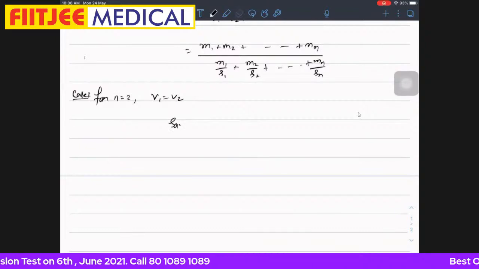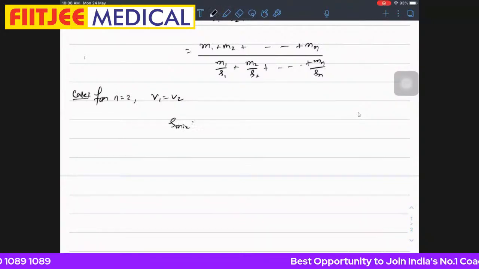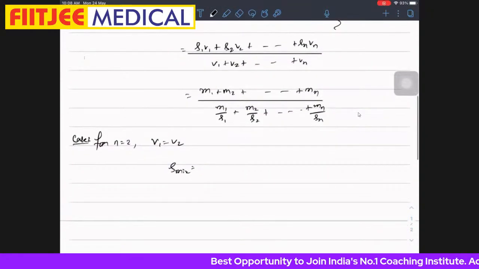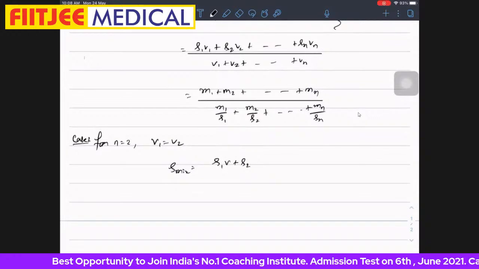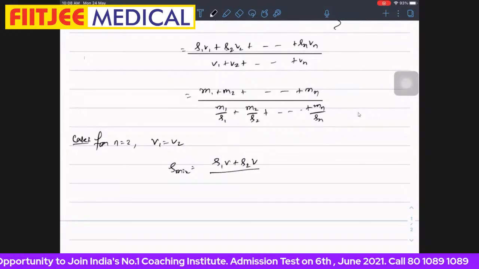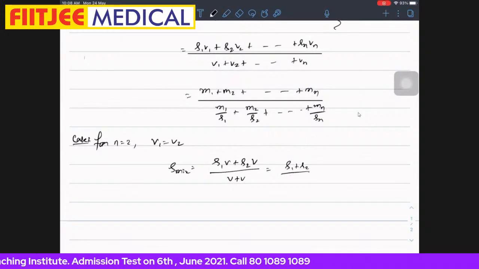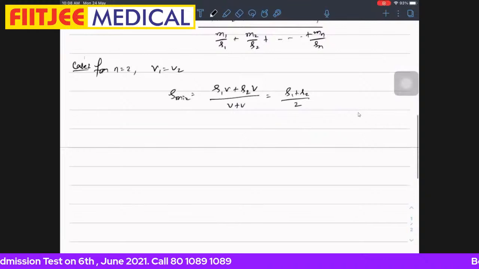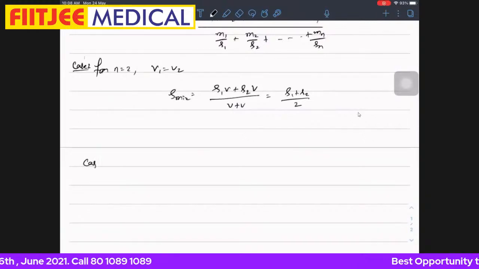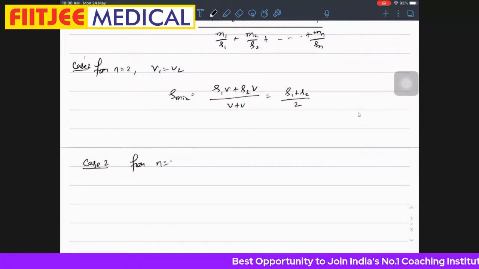So the density of the mixture if the volume is the same: I'll use relation 2. So rho 1 V plus rho 2 V by V plus V. So this will become rho 1 plus rho 2 by 2. In case 2, for n equal to 2, but instead of volume, suppose mass is the same.